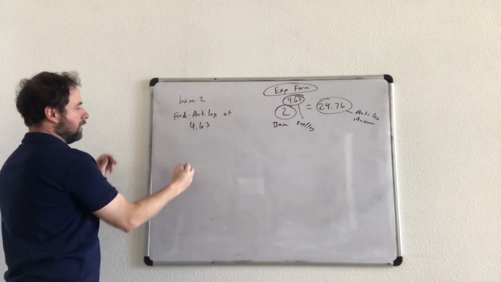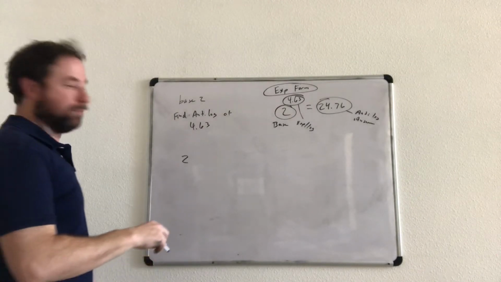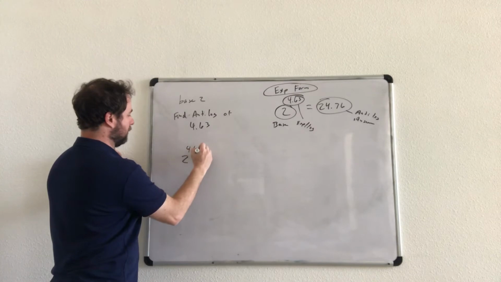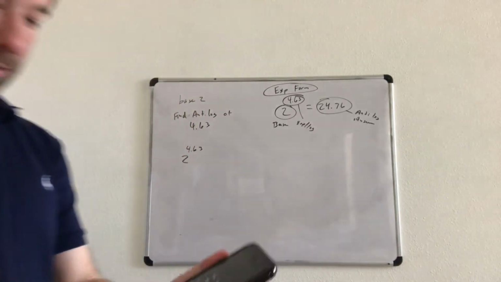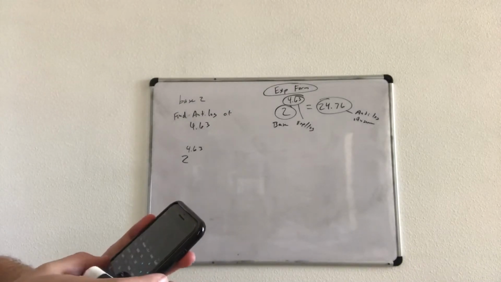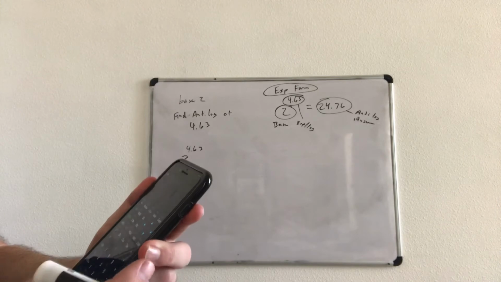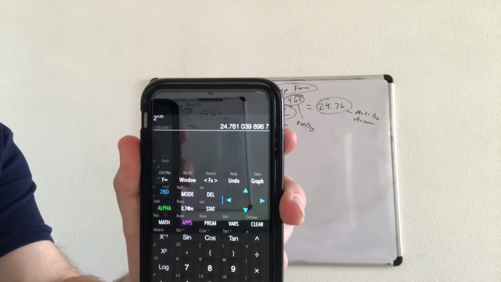So whenever they say you have a base of 2 and a log of 4.63, all you got to do is put in your calculator 2 to the 4.63 power. I mean, it's just a simple old exponential problem.